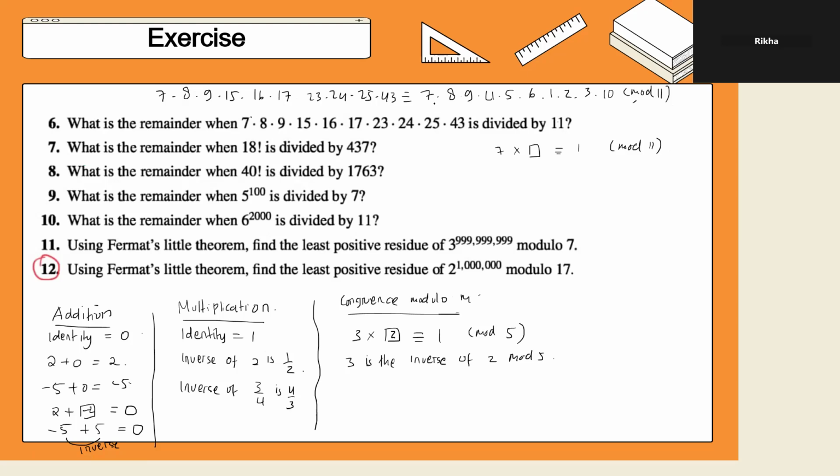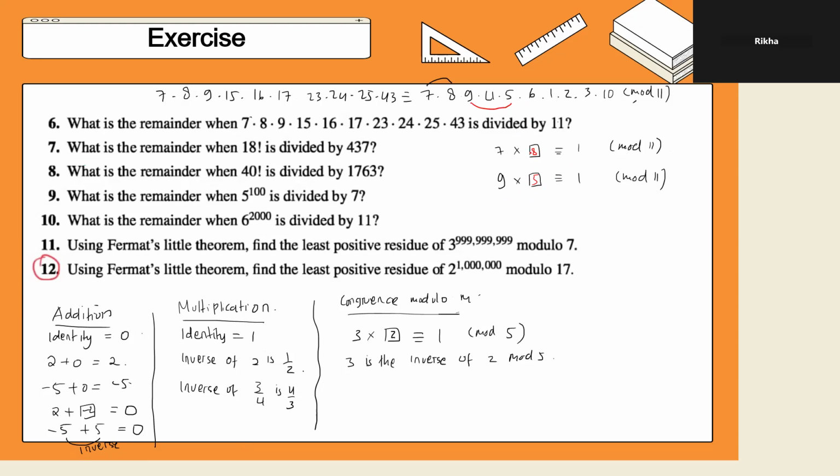So 7 and 8 are inverses of each other, so when you multiply them, they're equal to 1. You found it. So 7 times 8 can become 1. What is the inverse of 9 modulo 11? 5. Nice. So 9 and 5.